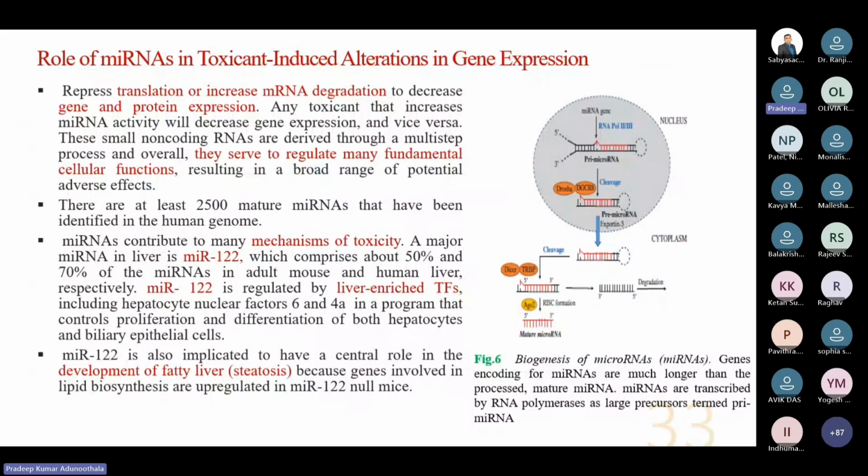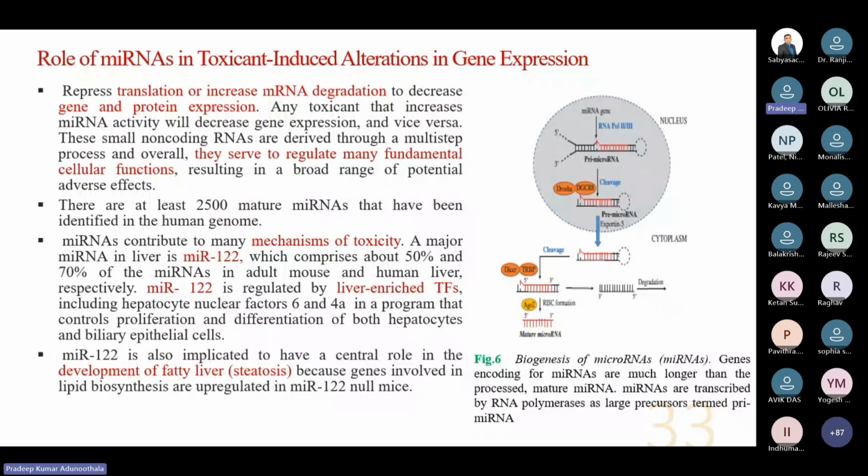And coming to the role of miRNAs in toxicant induced alteration in gene expression. As I said earlier, most of the chemicals or drugs will come and act on the miRNAs, because they repress the translation or increase mRNA degradation to decrease gene and protein expression. So any toxicant that increases miRNA activity decreases gene expression, and any toxicant that decreases miRNA activity increases the gene expression.